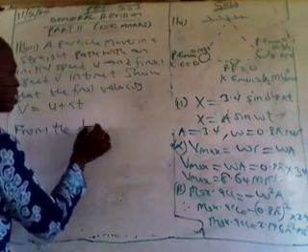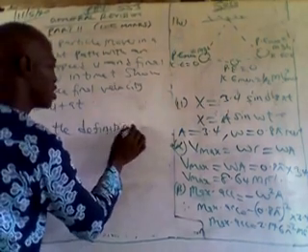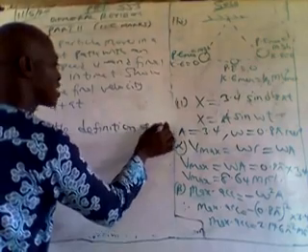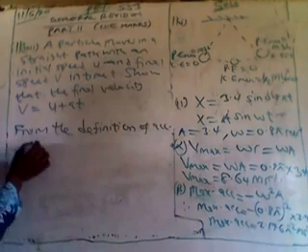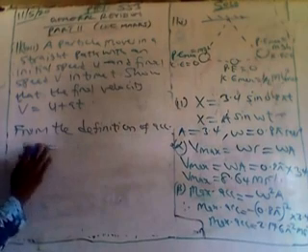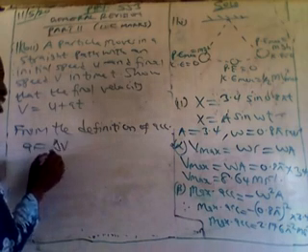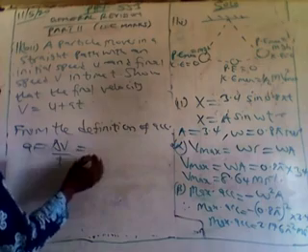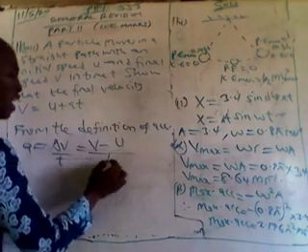Now don't forget, if you want to prove it, you start from the definition of acceleration. And what is that definition? Acceleration equals change in velocity over time, that is final speed minus initial speed over t.